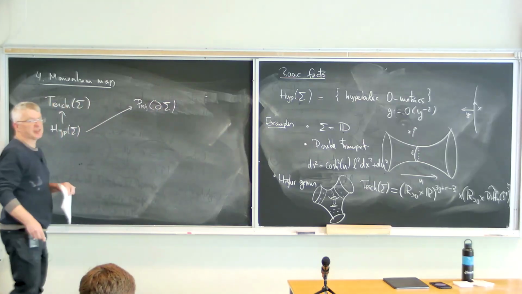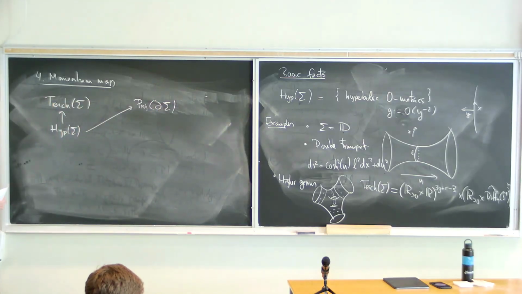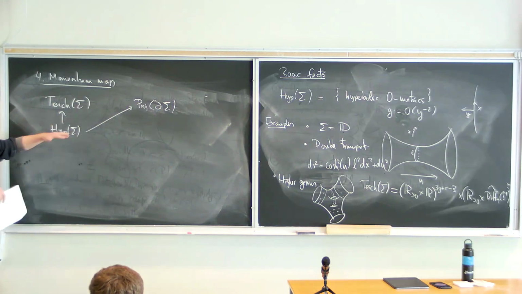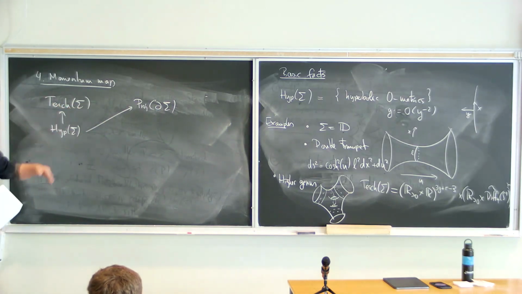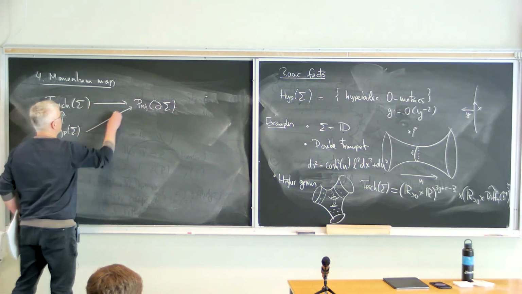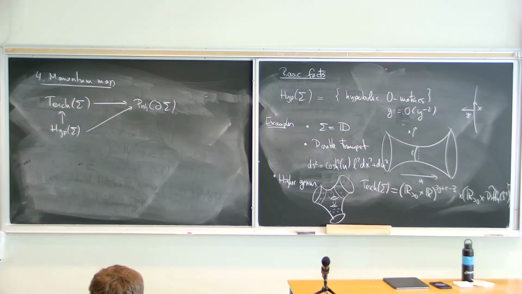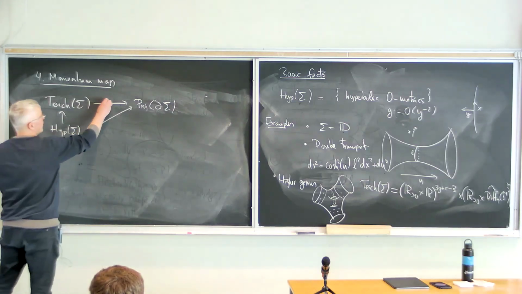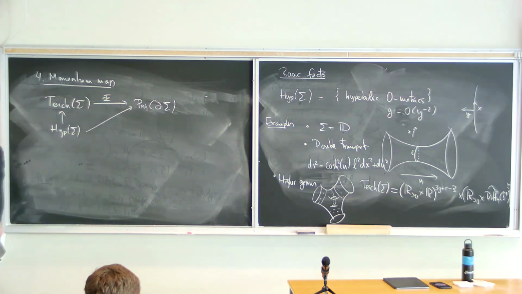Would be my notation for projective structures on the boundary. But if you change the hyperbolic structure by some diffeomorphism which fixes the boundary, what happens at the boundary doesn't change. So it descends to Teichmueller space. So that's this map. And this map is going to be our moment map for a symplectic structure eventually.